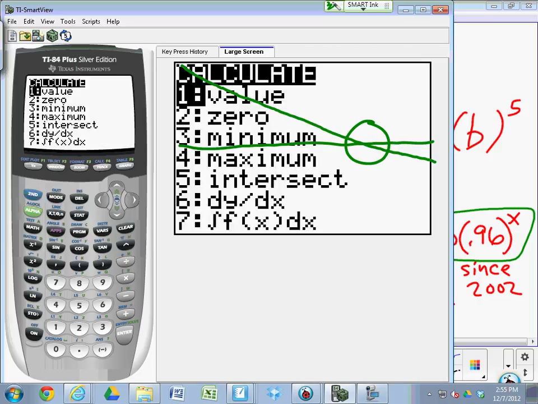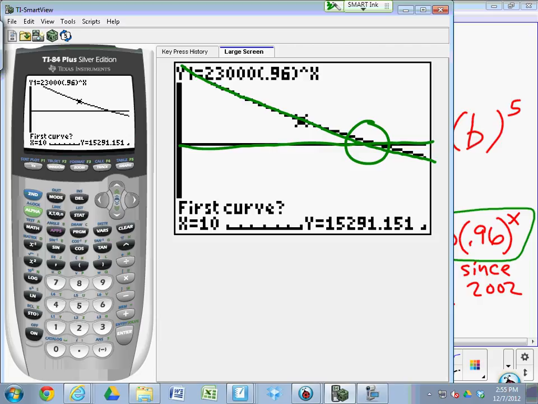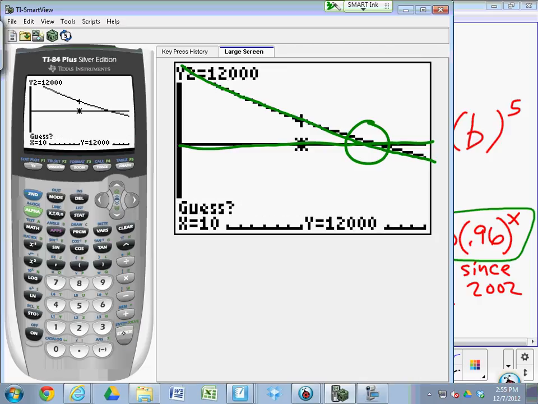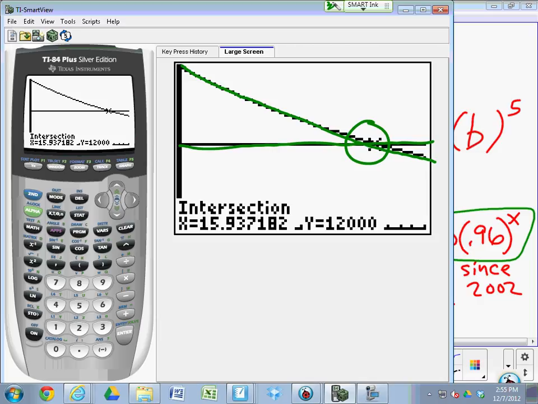Second trace, which is the calculate. Number 5. How many curves do we have? 2. The curvy one and the straight one. So enter, enter, enter. And it tells us that in 15.9 years, it hits 12,000. So just beyond that is when it dips below it. So it's right around the year 2018.